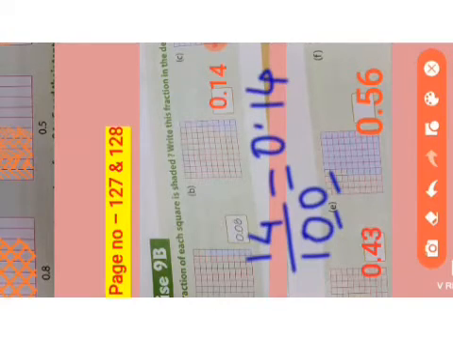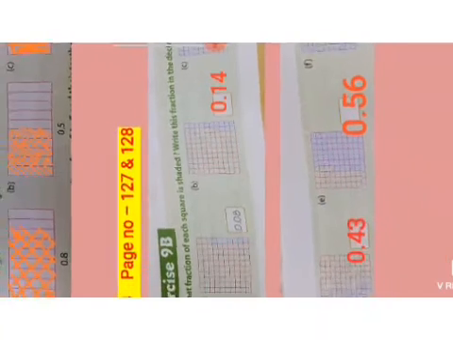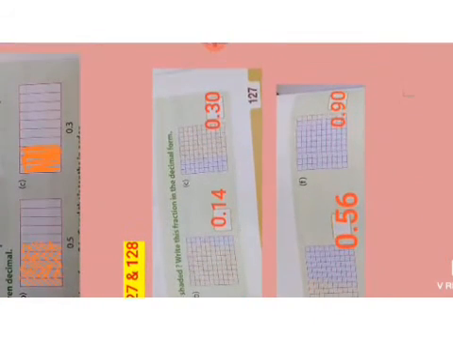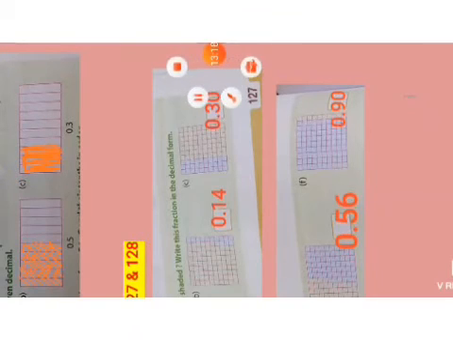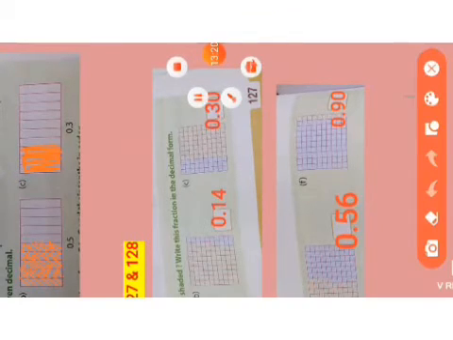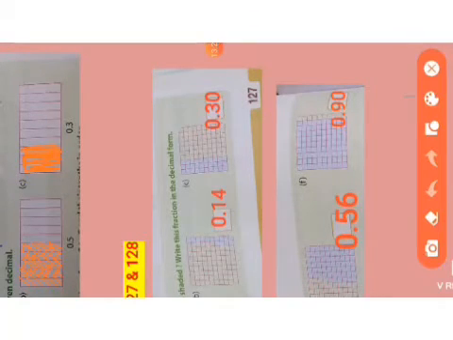Okay. Understood? Next sum. Look at the next sum, page number 127. Here also you can please check. You can see that there are 30 small squares colored.